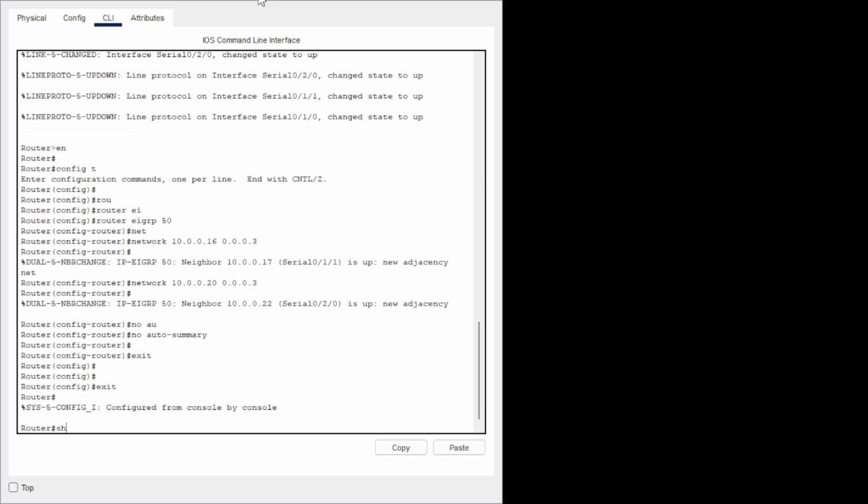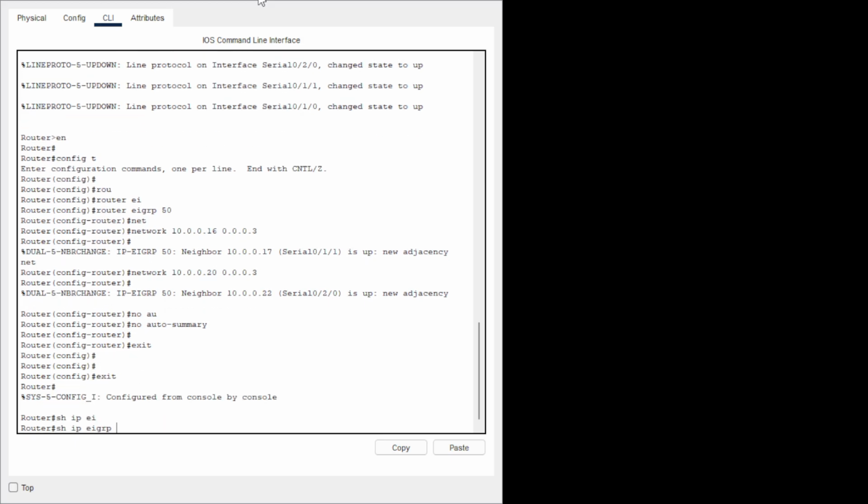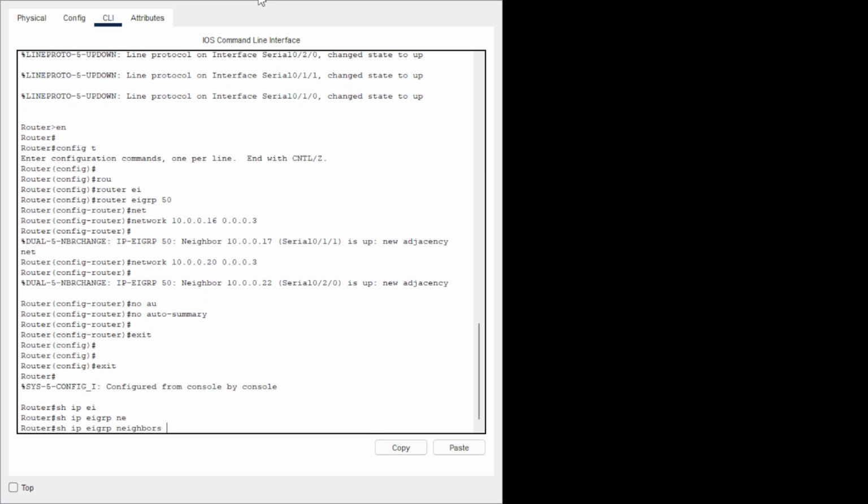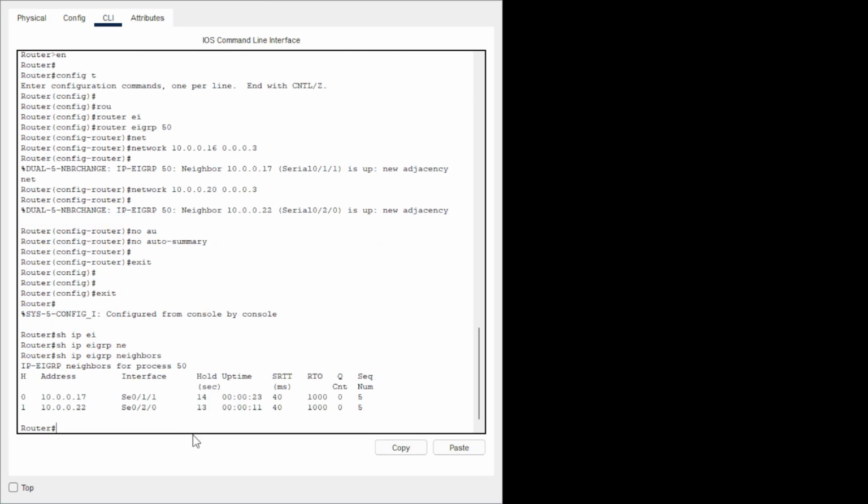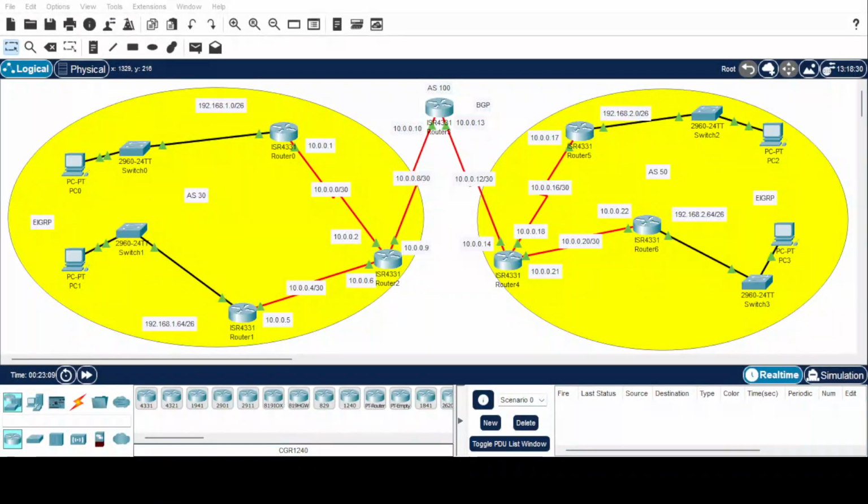Show IP EIGRP neighbors. Here also two neighbors, 10.0.0.17 and 10.0.0.22. So here also neighborship has been created. That means we can now check whether the internal routing has been accomplished.